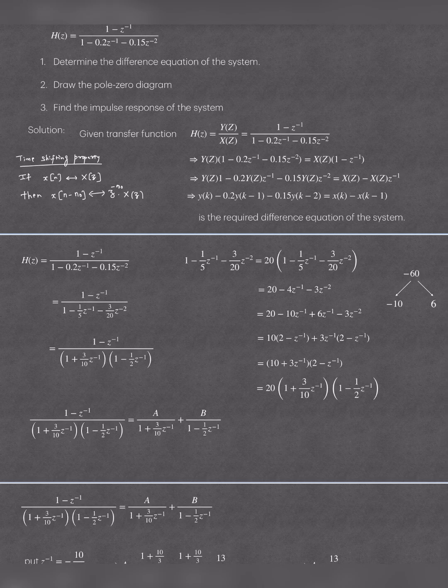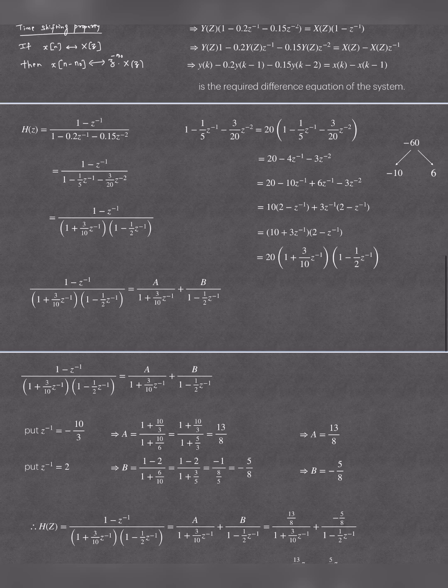Whenever you see the power of z, not z inverse. When you multiply with z, you will get z, and here you multiply by z square, you will get z square as the highest power. Here you will have z, here you will have z inverse times z square. So the power of z in the numerator should be lesser than the power of z in the denominator to apply this partial fraction method, right? So we will just do that.